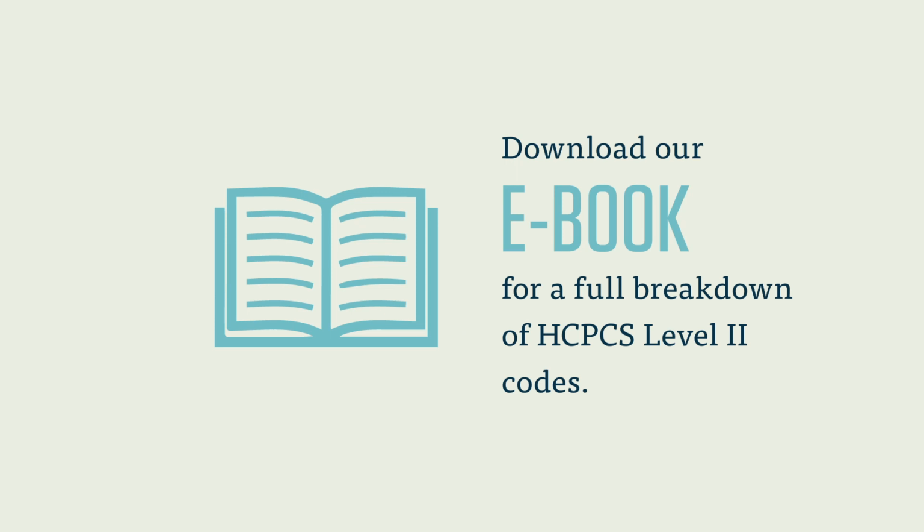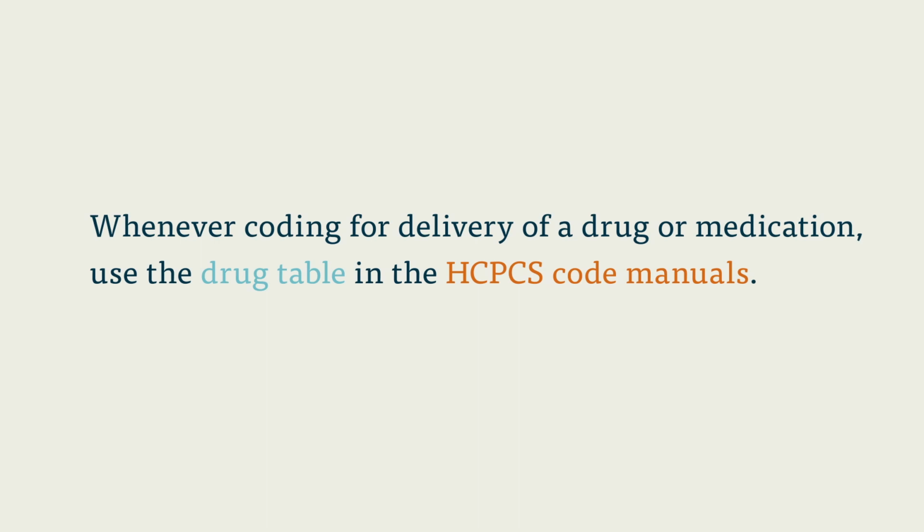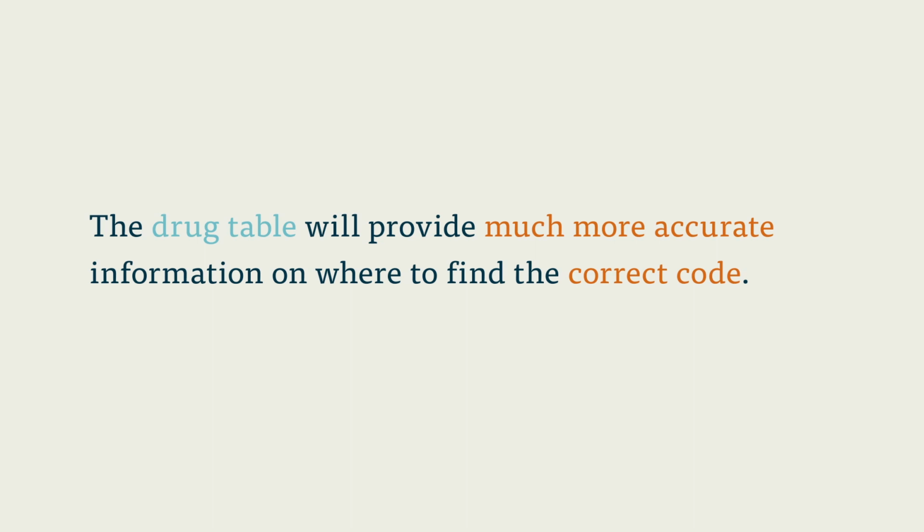For a full breakdown of HCPCS Level 2 codes by their alphabetic grouping, be sure to download our ebook. HCPCS code manuals have an index and a large table of drugs. Whenever a coder is coding the delivery of a drug or medication, they should always use the drug table. Coding for medication is one of the most important parts of using HCPCS, and the drug table will provide much more accurate information on where to find the correct code.